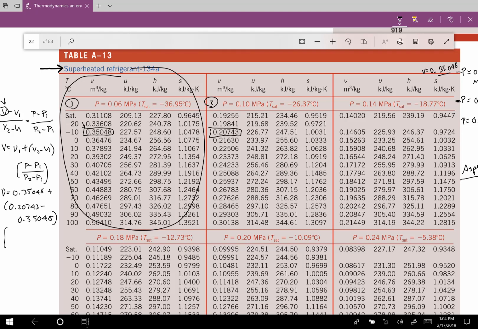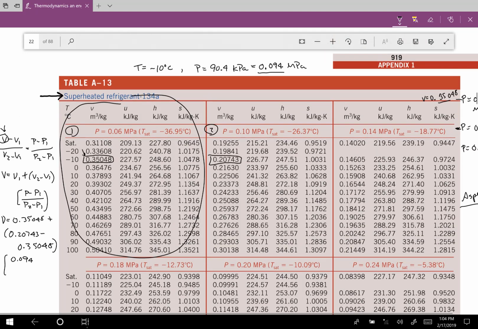So P is 0.094, because remember our pressure is 0.094 megapascals, so P is 0.094 minus P1, we're going to use this pressure for P1 since I've defined this table as 1, so this is 0.06, divided by P2, which is 0.1, so the pressure on this table, minus 0.06.